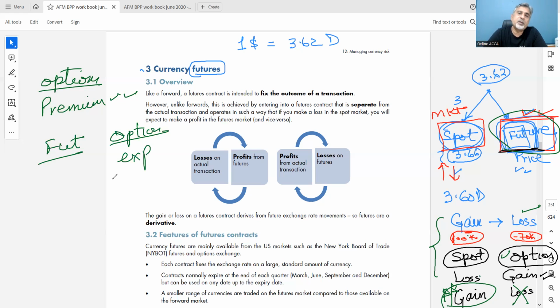Uncertainty is something which you cannot predict, which does not have any past pattern, and you don't have any experience of it. If we are sitting today in a lesson and suddenly there is an earthquake, it's an uncertain situation. It's not a risky situation. It's an uncertain situation because it is unpredictable.